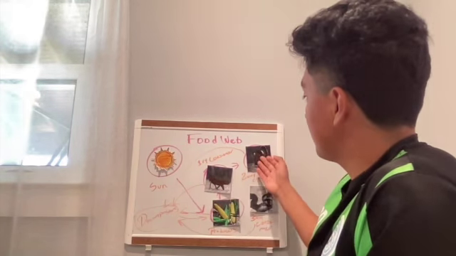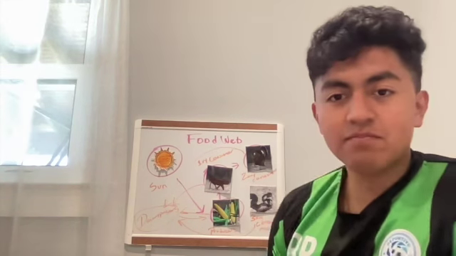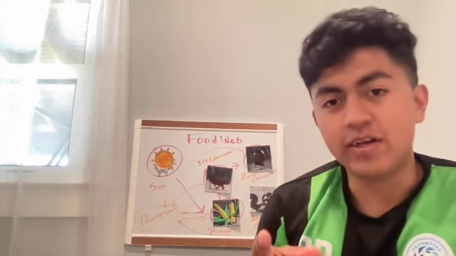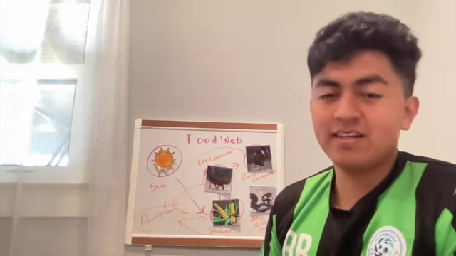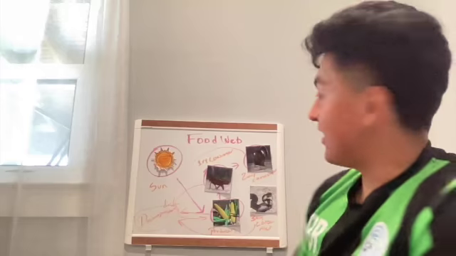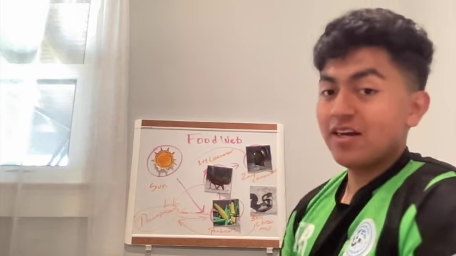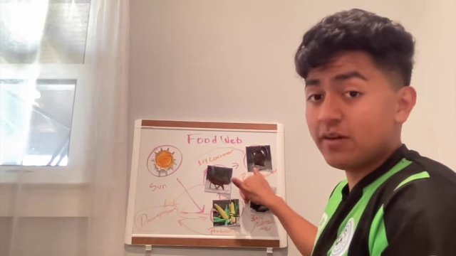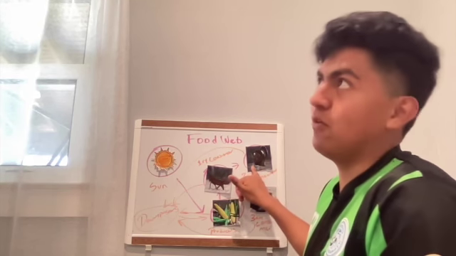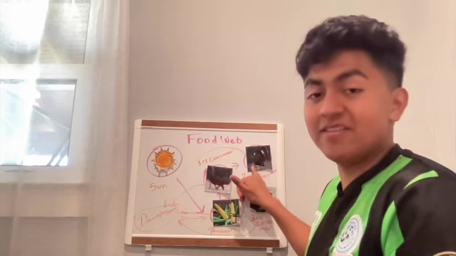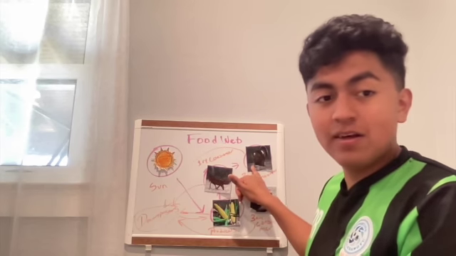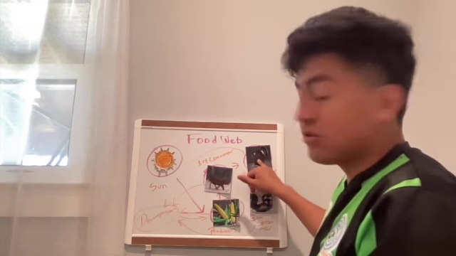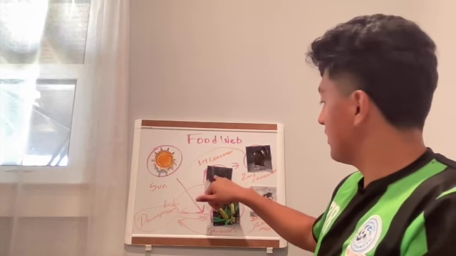And again, can someone name a secondary consumer for me? Go ahead. Oof. Yeah, a plant isn't going to be a secondary consumer. Usually, a secondary consumer can be a vegetarian or a carnivore or even an omnivore, which is, again, not a term you need to know yet. But a secondary consumer always eats the primary consumer.